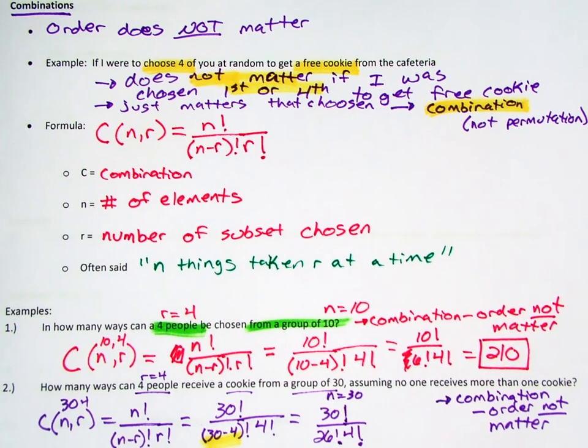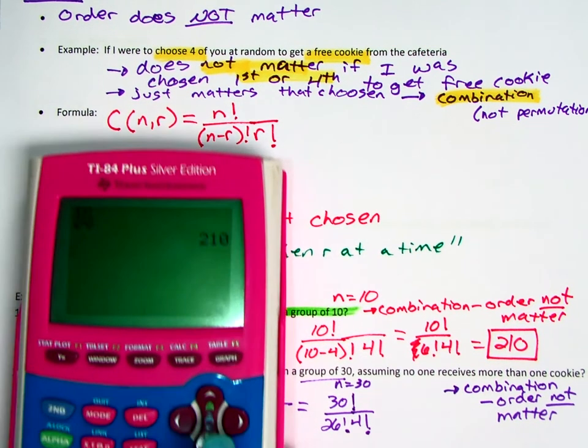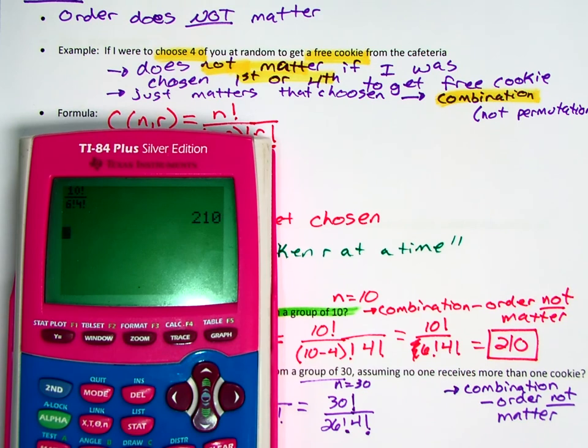And then we can go ahead and get out our calculators and do that again. Now, if you didn't know where that fraction button is, you could type this in the long way. I like to make sure that I put parentheses around my numerator and parentheses around my denominator.